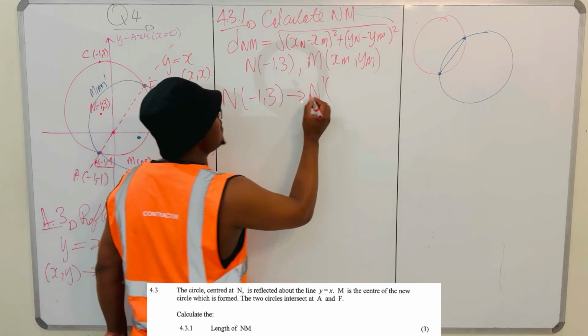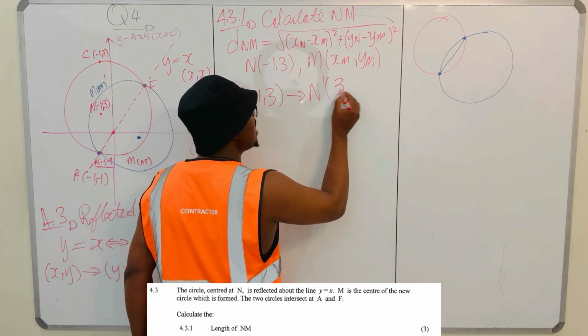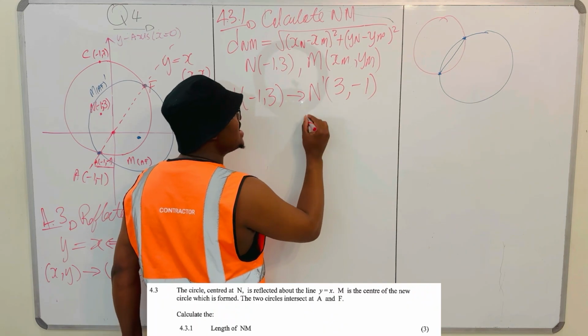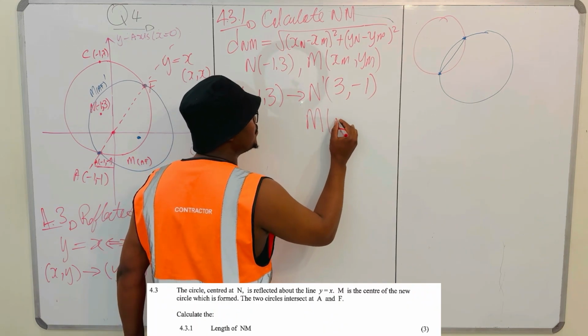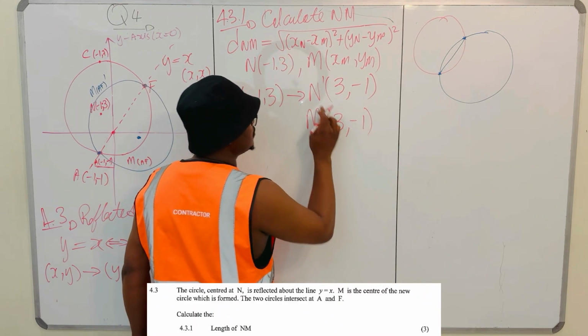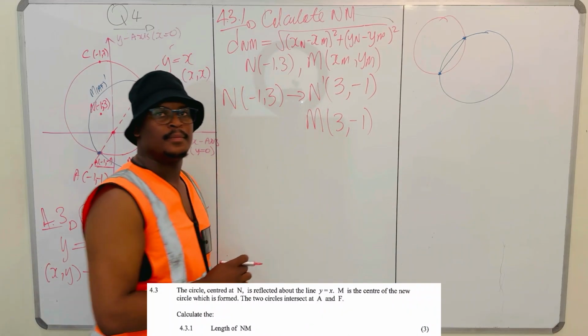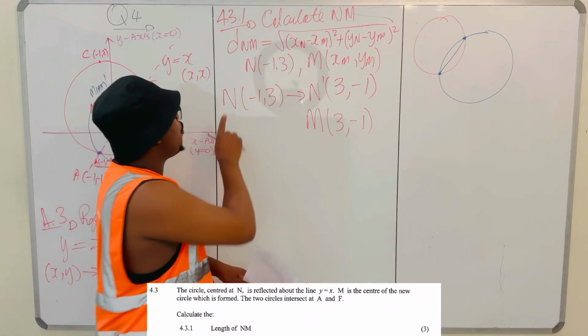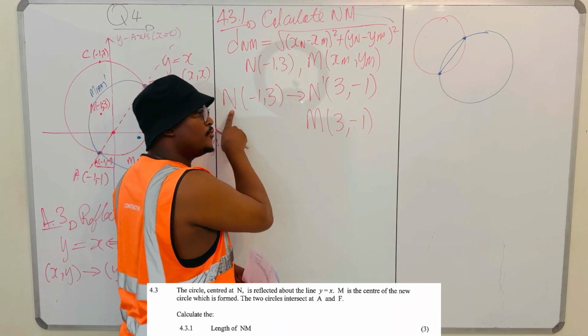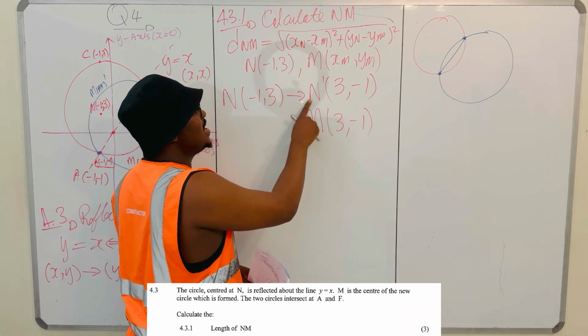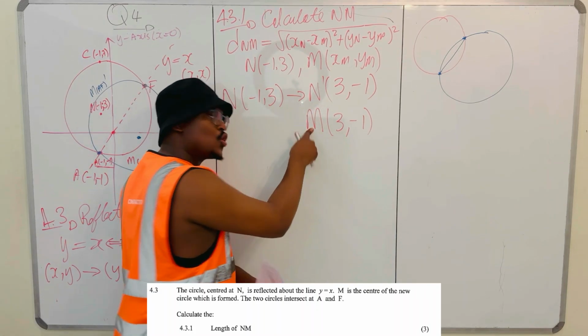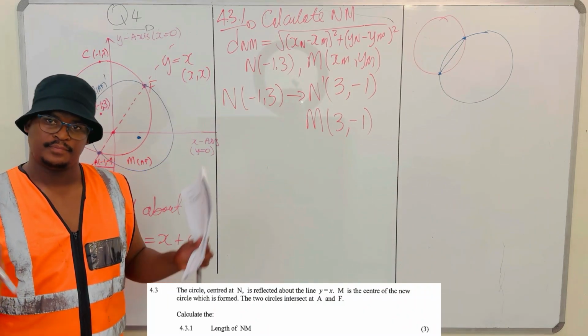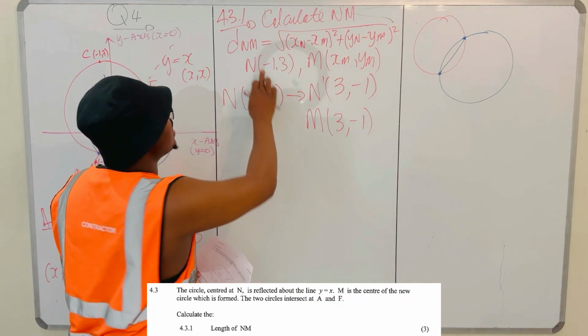The coordinates of the image of N will be 3 and minus 1. That image of N is now called M, which is 3 and minus 1. N was the center of the old circle; the new circle's center is its image, but it's called M. No problem. So now you will be able to find the distance.